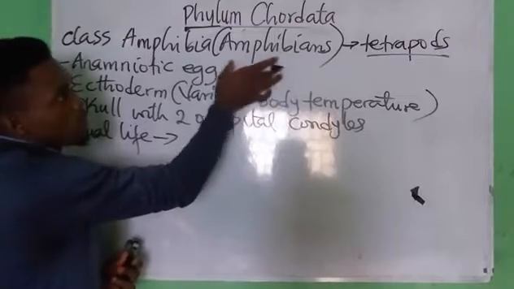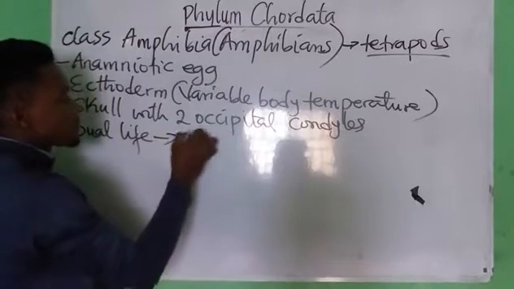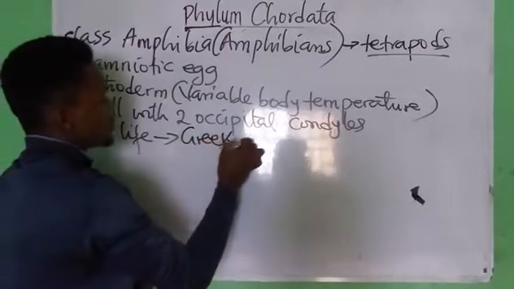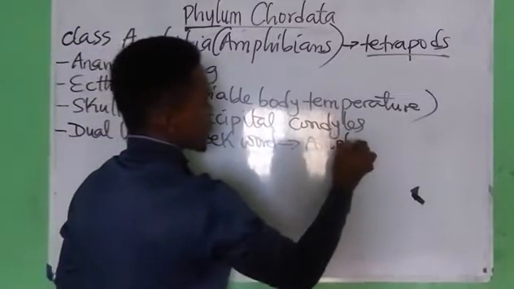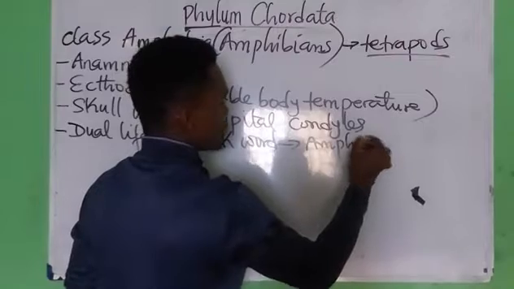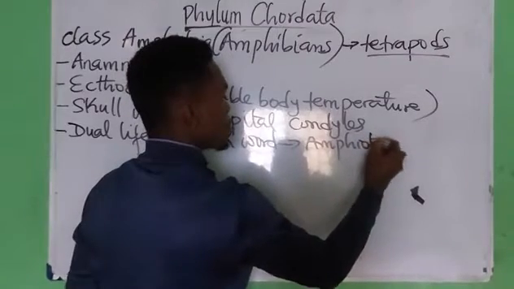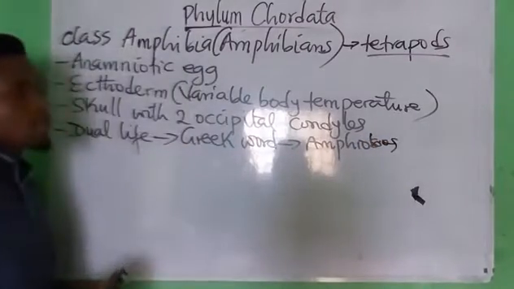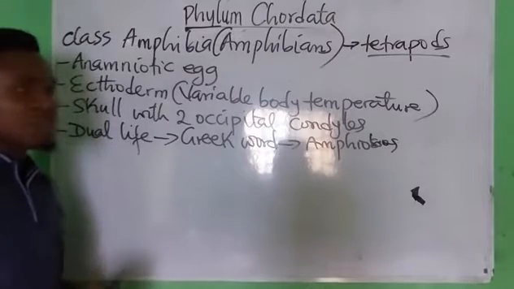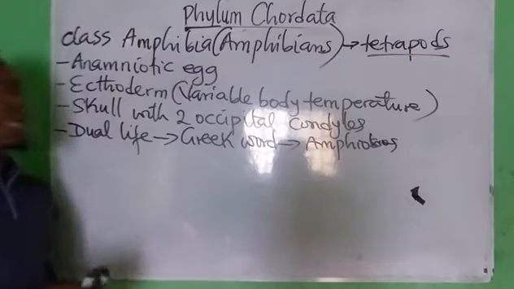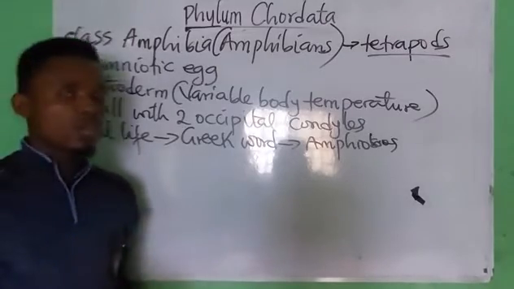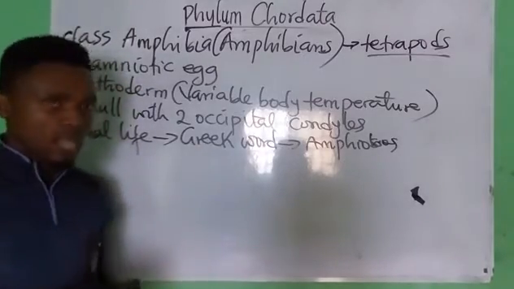The word amphibian was coined from a Greek word called amphibios, and it means double lifestyle, which means that they have the ability to live in water and moist land.